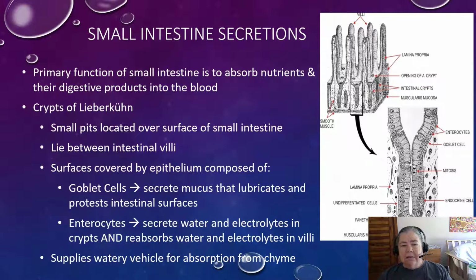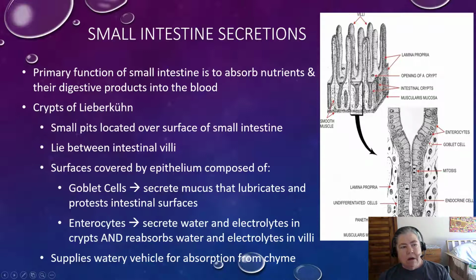And there are cells that are called enterocytes that secrete water and electrolytes from the crypts. Enterocytes also reabsorb water and electrolytes in the villi. So here we have a diagram where we see villi, we see everything covered with an epithelium, we see these pits that lead into crypts.